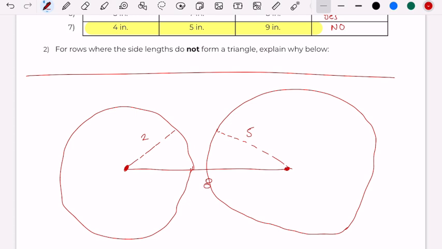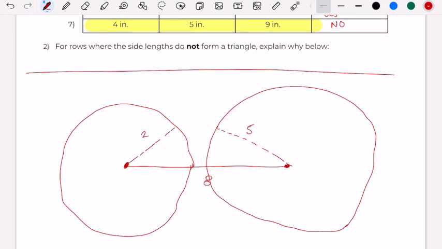These two circles won't ever intersect. And you see, it's very clear that this distance measures 2 and this distance measures 5. Because adding them together is smaller than 8, I can calculate by the segment addition postulate that this measures 1. So these two circles won't intersect.